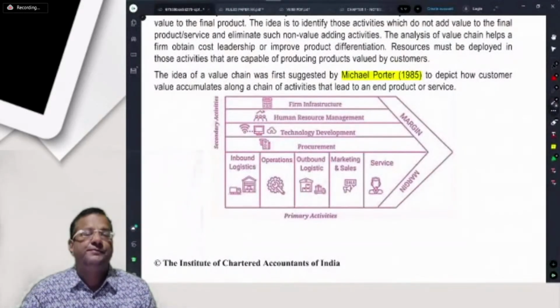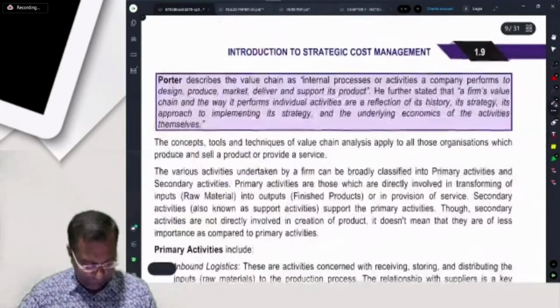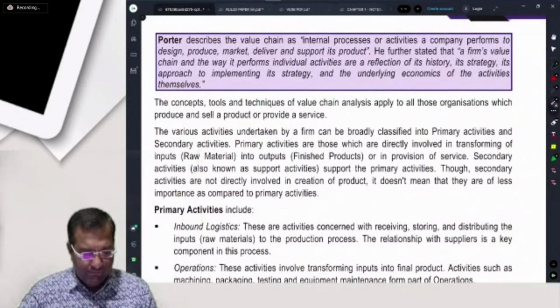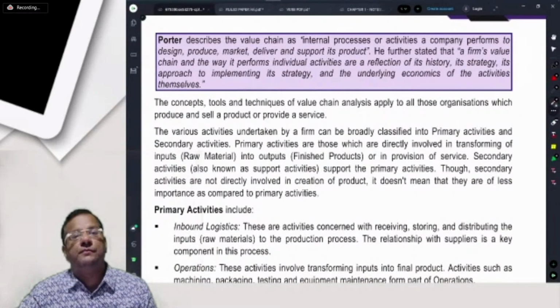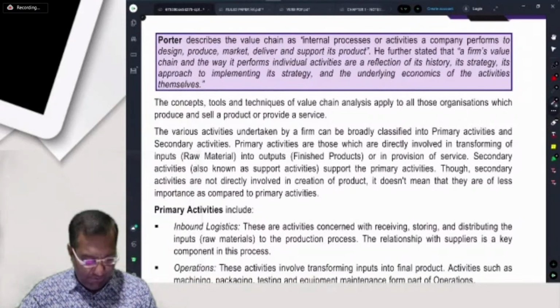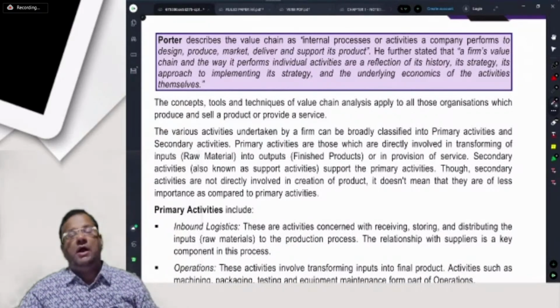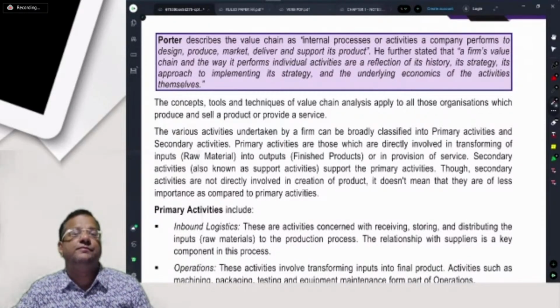The author has classified various activities into primary activities and secondary activities.